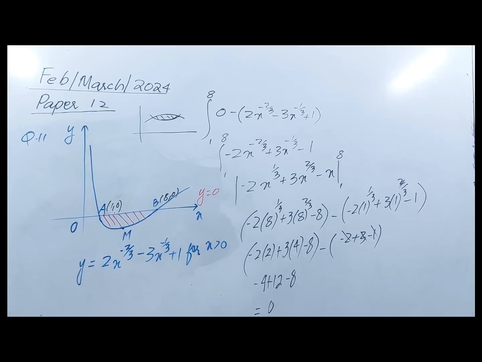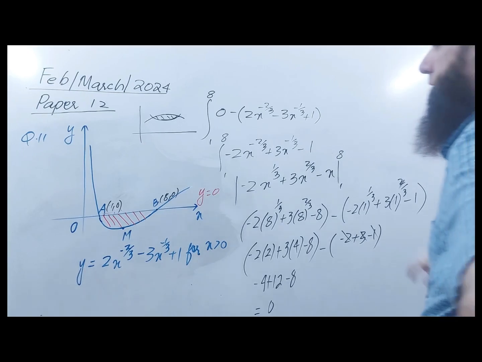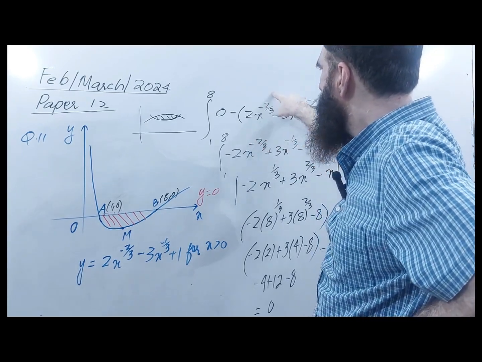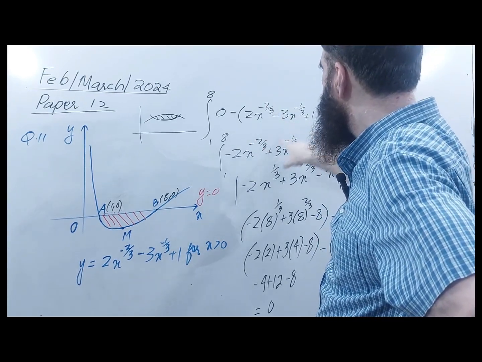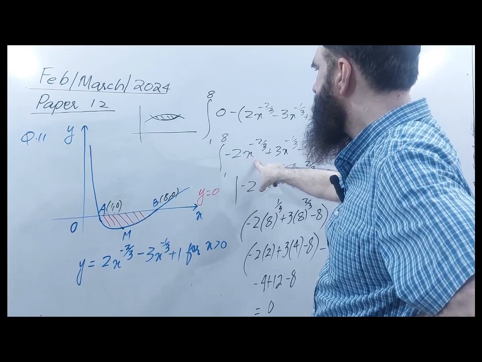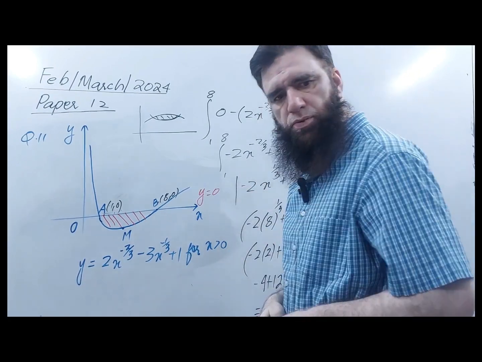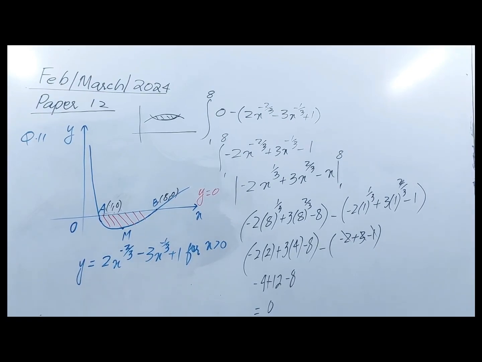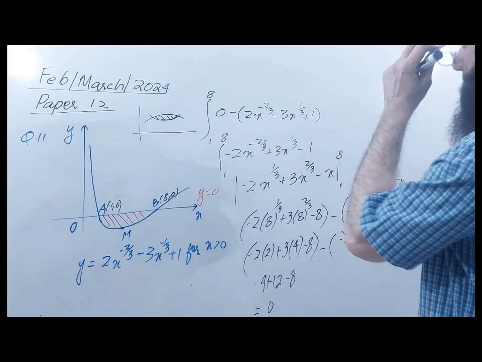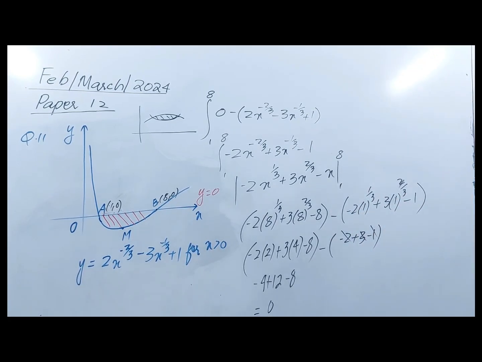Are we committing any mistake? Minus 2x power minus 2 by 3 minus 3x minus 2x. It's plus 1, I hope. It's plus 1. Let me see it. Yes, this is plus 1. Okay, now subtract the 0, minus 2, minus 2x power.